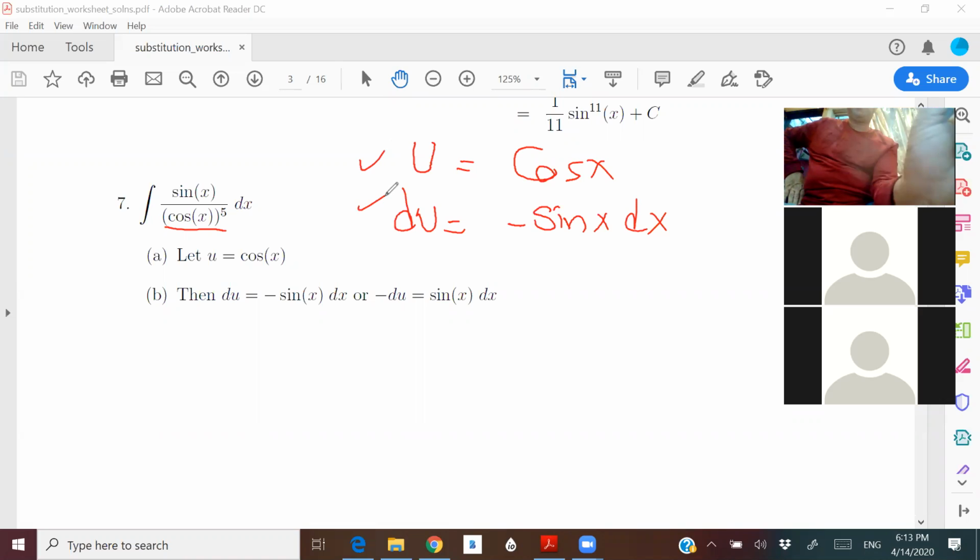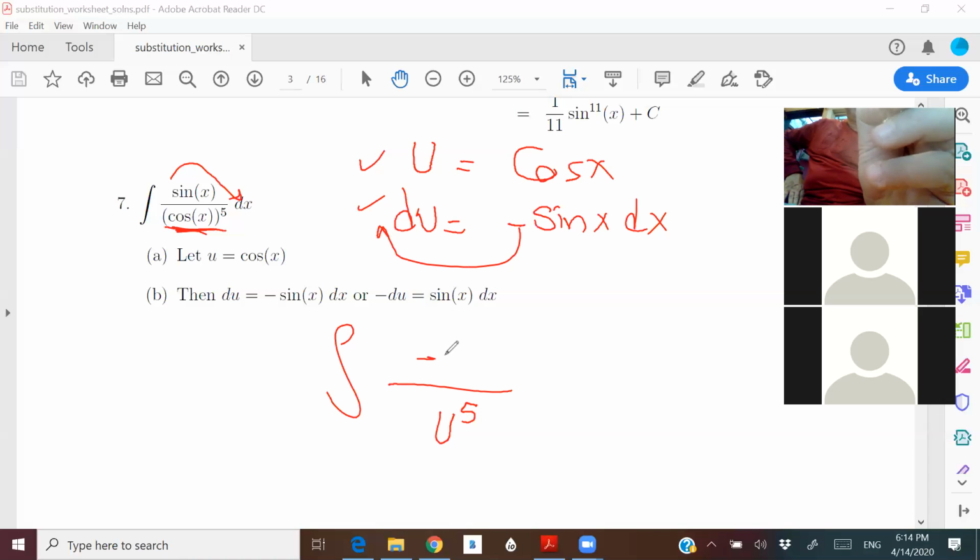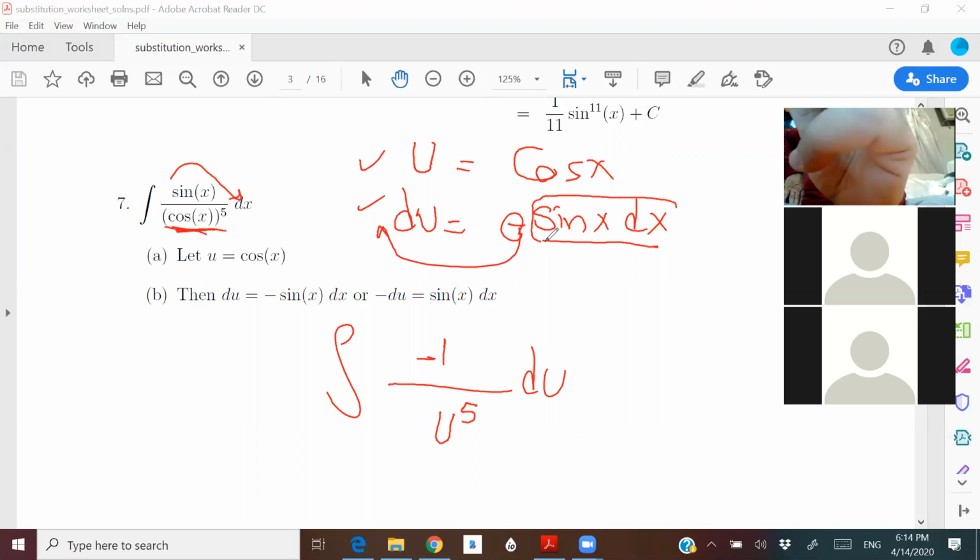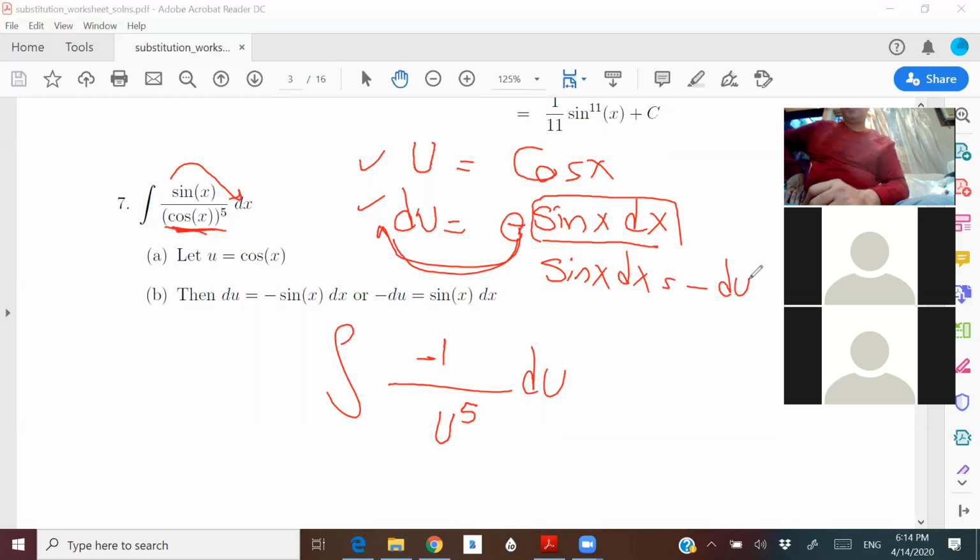One for cosine: I'm going to replace it by u, which is here u power 5, and one for sine x dx package, it becomes negative du. Again, replace sine x dx by negative du.